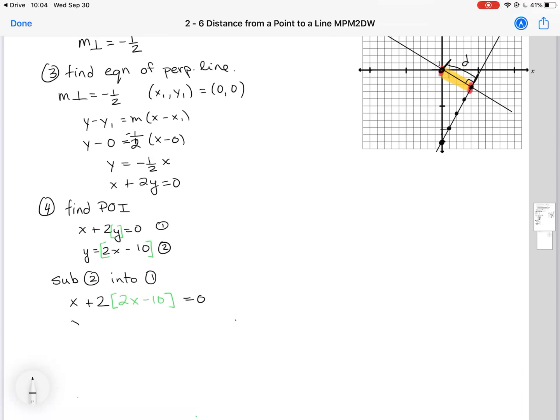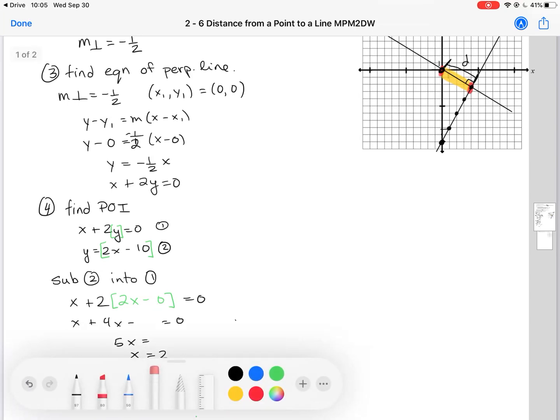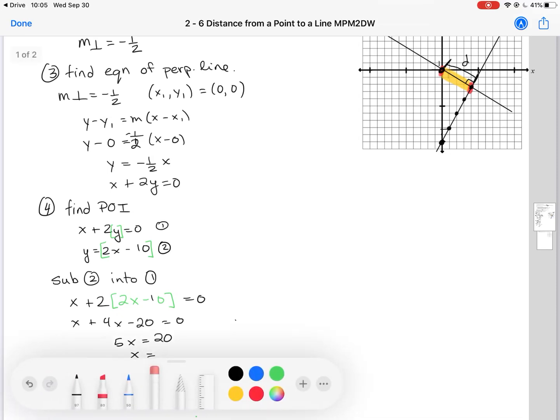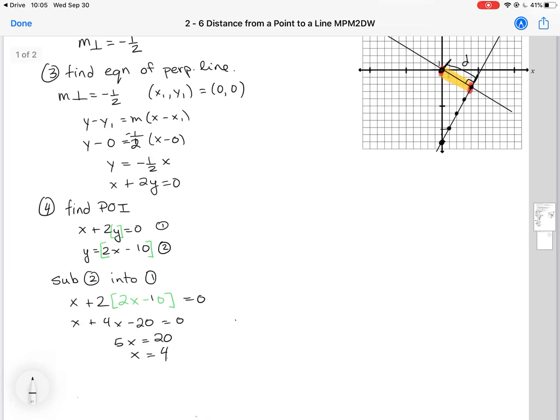Now I have an expression in terms of x that I can solve, and it works out that you should have 20, and then x would give you 4. There we go. Okay. So make sure when you're expanding, don't do what I did. Make sure that you multiply both terms inside the brackets. Okay.